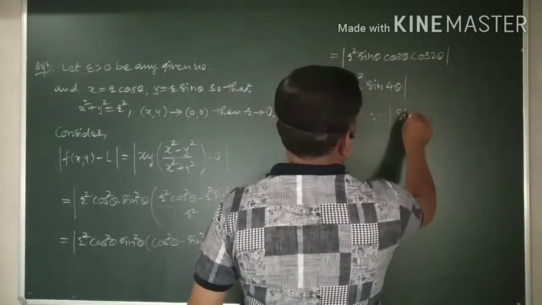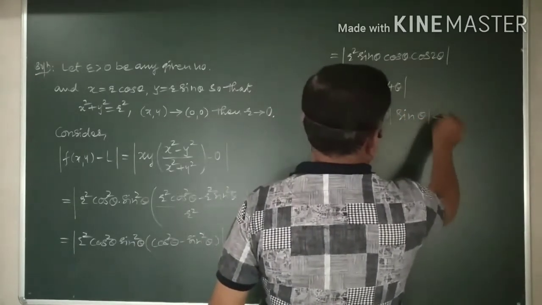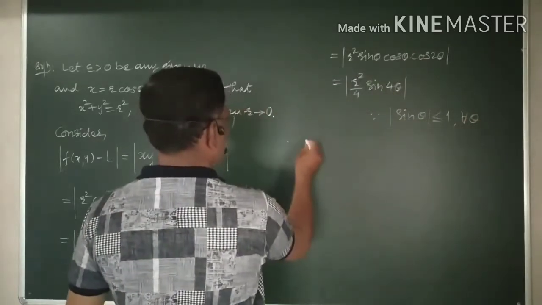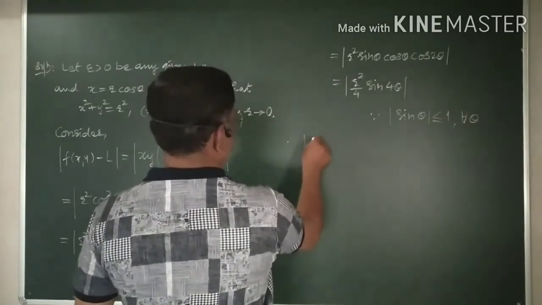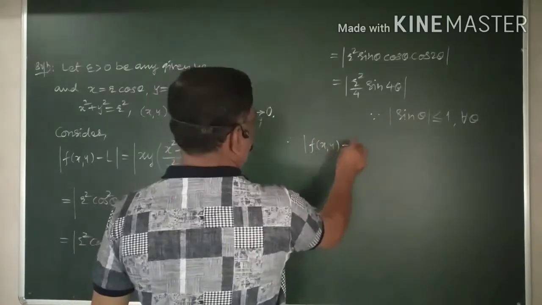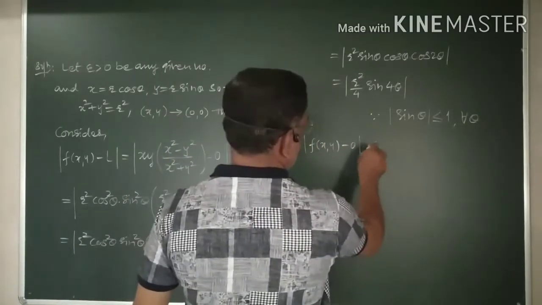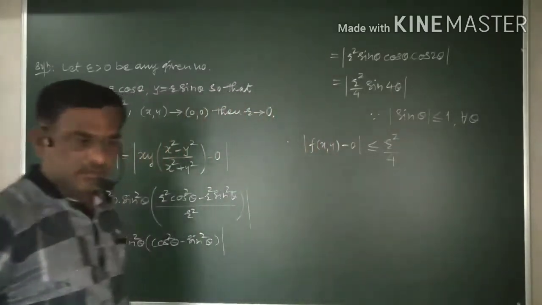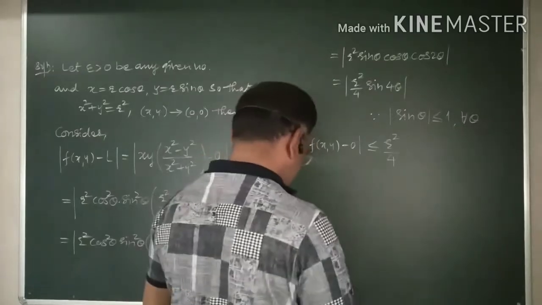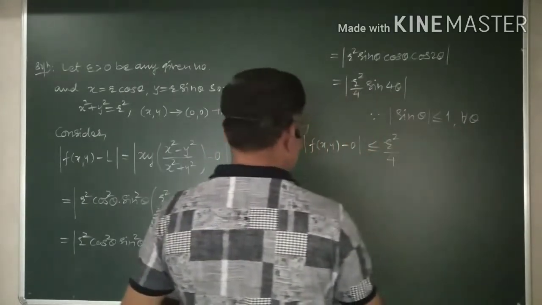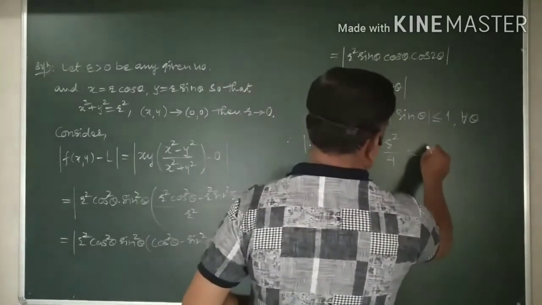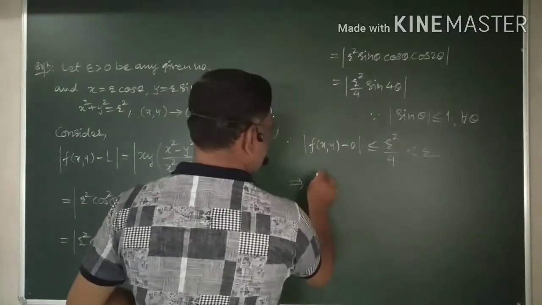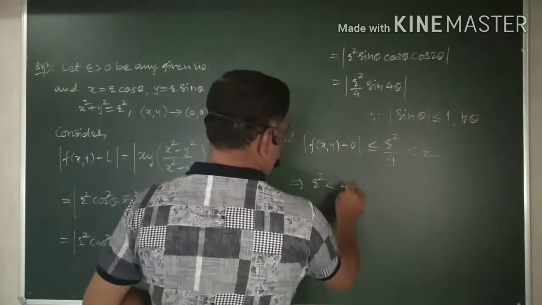Well, now since the absolute value of sine of theta is less than or equal to 1 for every theta, the absolute value of f(x, y) minus 0 is less than or equal to r square by 4. Now this is less than epsilon, and therefore r square is less than 4 epsilon.